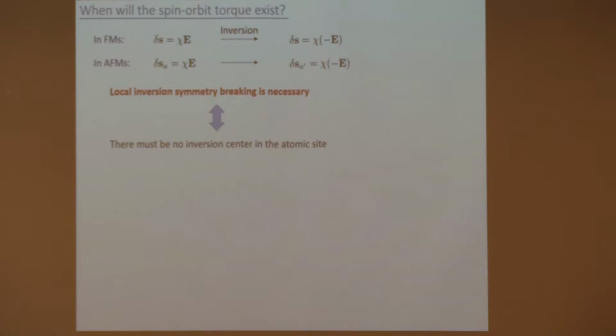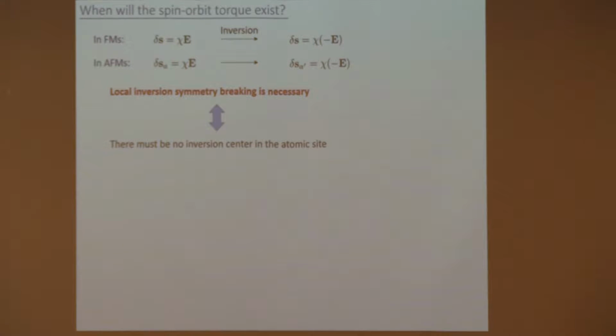Now we write this equation for the antiferromagnets. Now we have to calculate this non-equilibrium spin polarization on each magnetic lattice. And now we see that under inversion, this non-equilibrium spin polarization in general transforms to some non-equilibrium spin polarization on a different atom.